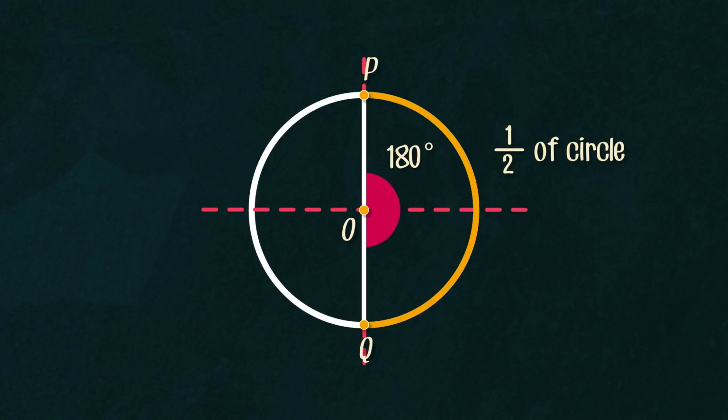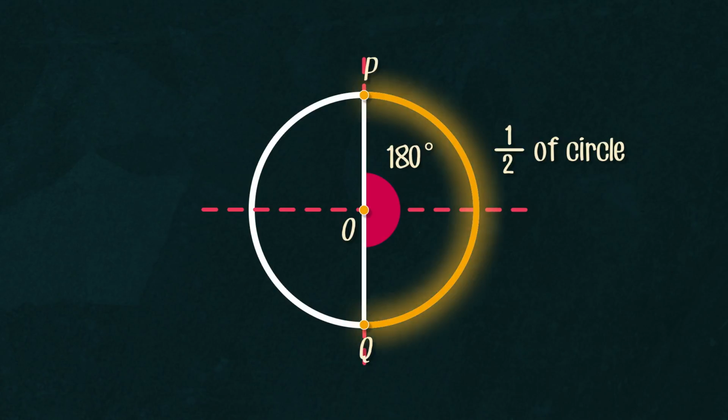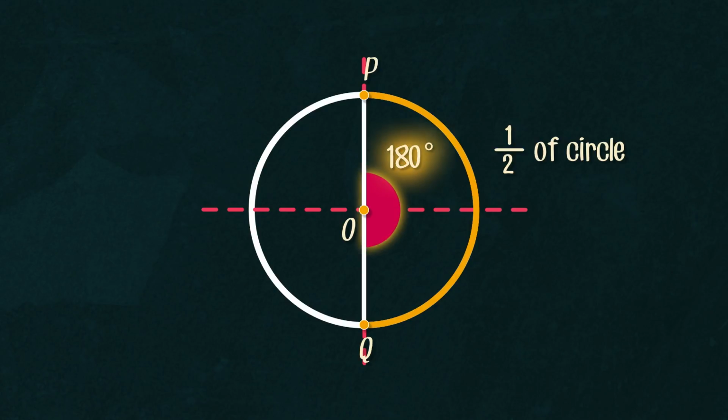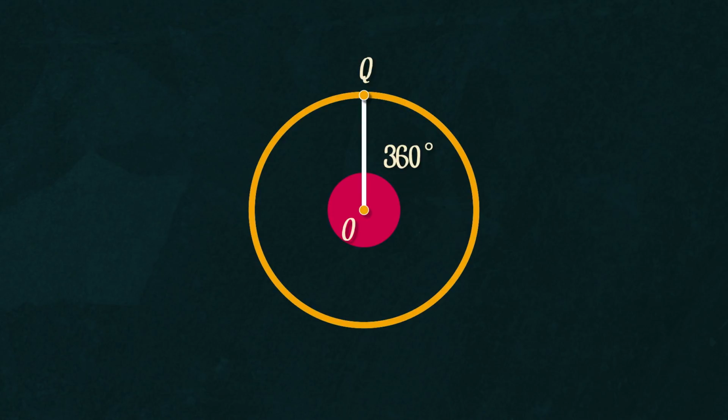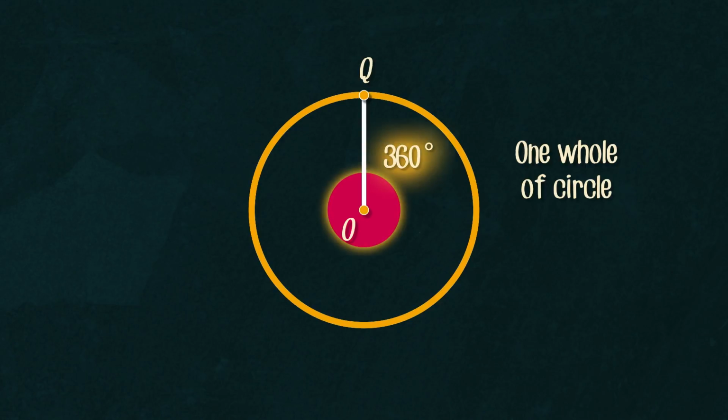That is, the length of arc PQ is half of the circumference of the circle. The subtended angle is 180 degrees. In this third example, the length of arc PQ is the same as the circumference of the whole circle. The subtended angle is 360 degrees.